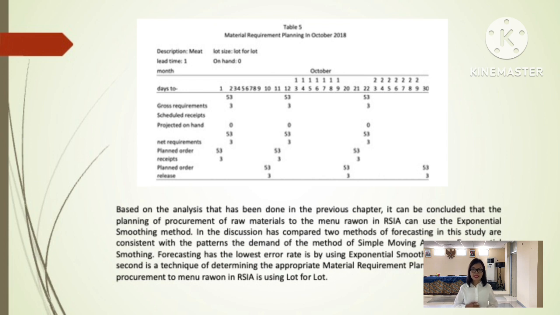In the discussion, two forecasting methods were compared, simple moving average and exponential smoothing, which are consistent with the demand patterns. Forecasting with the lowest error rate uses exponential smoothing. The second conclusion is that the appropriate technique of material requirements planning in raw material procurement for the rawon menu in RSIA is lot for lot.